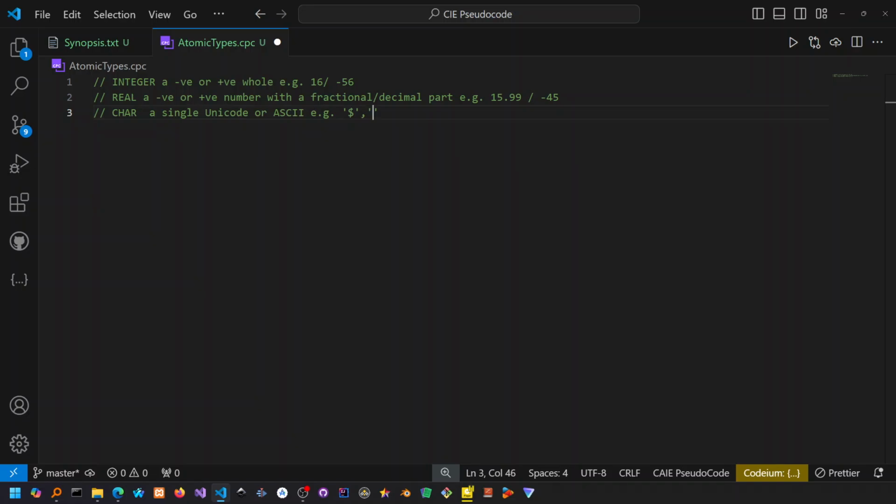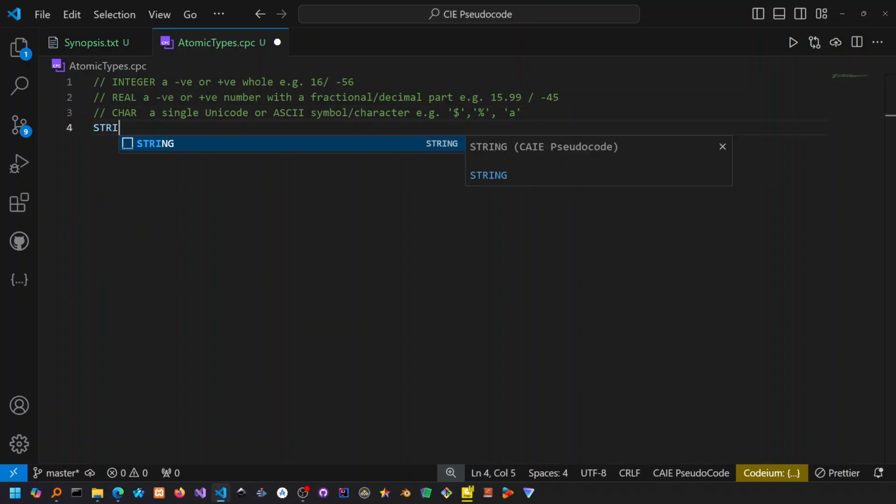I always like to surround characters in single quotes. It could also be the letter A, right? So it could be any valid single Unicode or ASCII character. That's what you would define. Single Unicode or ASCII symbol, or character, just like that.